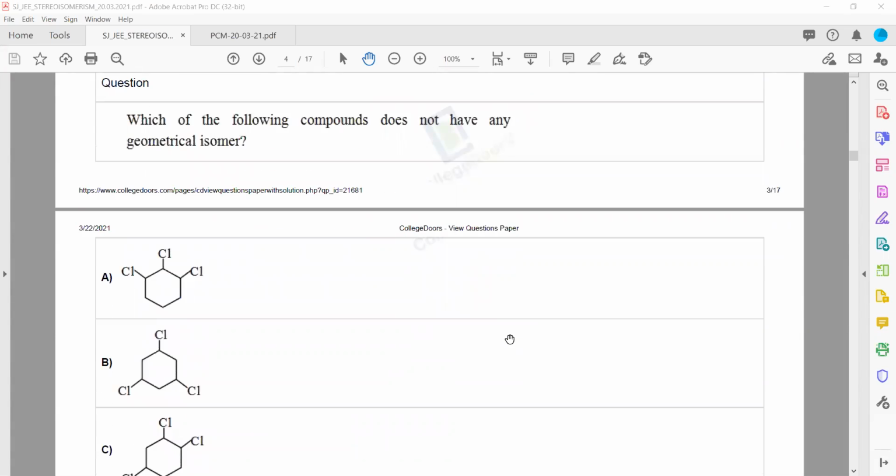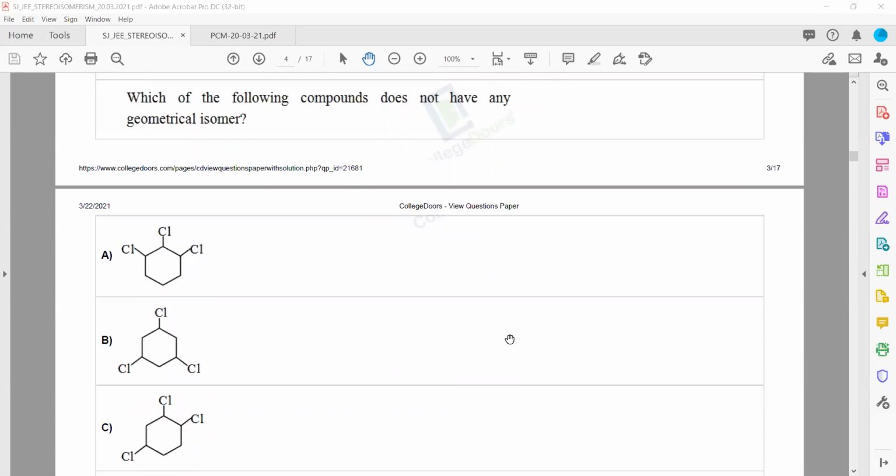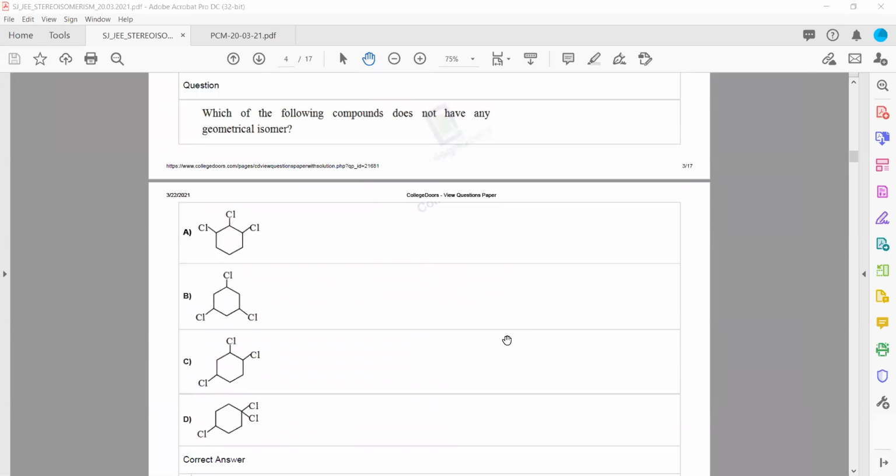Next, which of the following compounds does not have any geometrical isomer? This should be simple, na? D. Because the substituents on the carbon atom are the same.